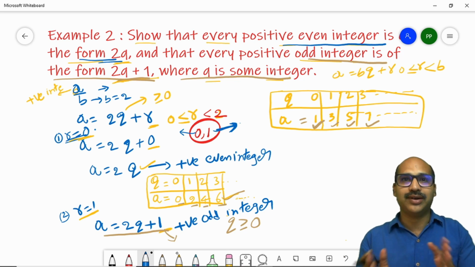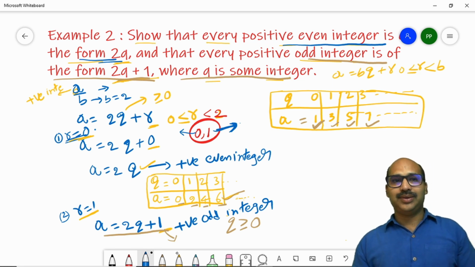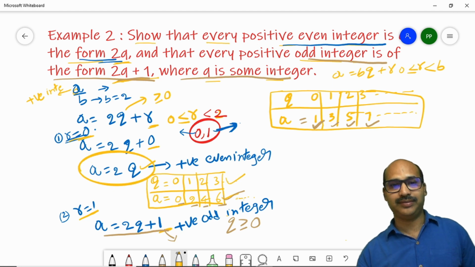Odd numbers we cannot distribute equally; they are not exactly divisible by 2. So you can understand this: a is equal to 2q is an even integer, and a is equal to 2q plus 1 is an odd integer.